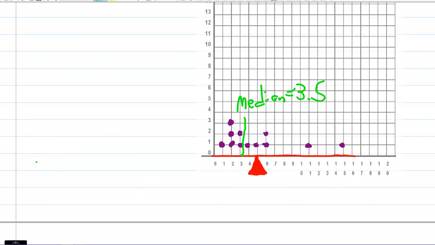Visually, what should we expect of a median? Well, the same thing as when we calculate it, basically. What you're looking for in a plot like this is, are there 6 numbers on the left and 6 numbers on the right? It doesn't matter where those numbers are. All that matters is that there is 6 to the left of 3.5 and 6 to the right of 3.5.